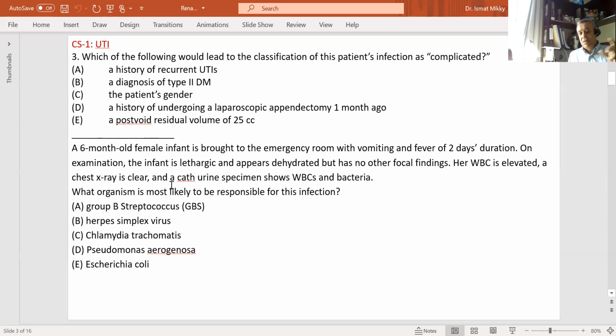All of these are listed as complicated UTI. If the patient develops a UTI from these factors, that will be a complicated UTI.